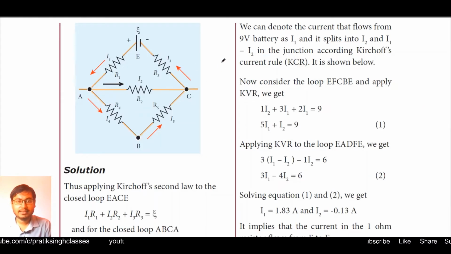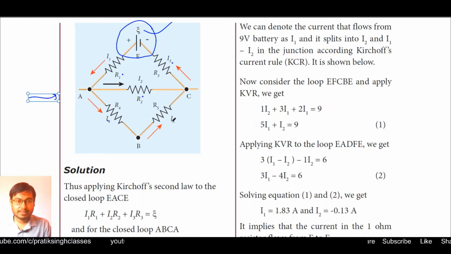So as you can see here, we have two circuits combined together. One is AEC and the other is ABC. And as you can see here, the direction of currents are given. A battery is given here having an EMF Xi, and we have 5 different resistors, R1, R2, R3, R4 and R5.